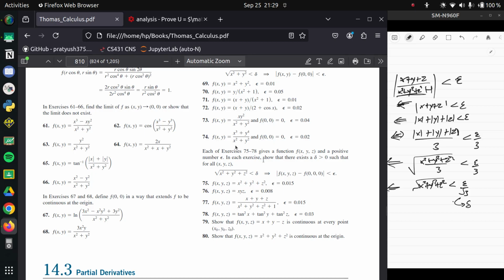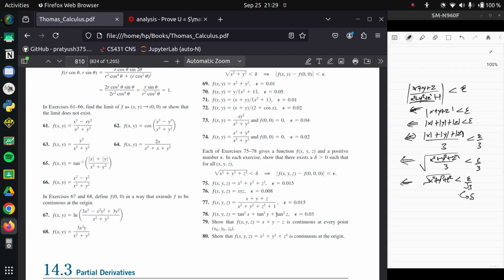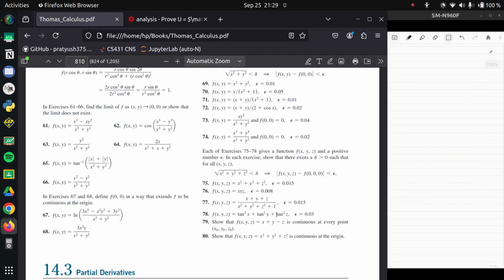Okay, next we have tan square x plus tan square y plus tan square z. That's f of x, y, z. Epsilon is given, so it shouldn't be hard. So you know that tan square x is less than x square, right? It's a basic fact. So what does that mean?